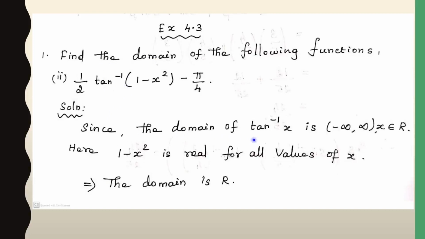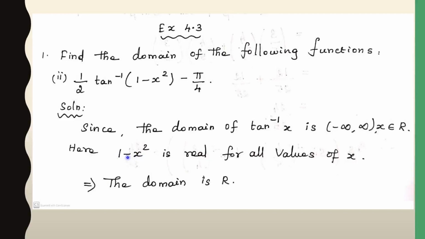Since the domain of tan inverse of x is minus infinity to infinity, for all x belonging to R. If x were there, we would know its domain. But here, instead of x, we have 1 minus x square. If we substitute a number for x, for example 1, we get 0. If we substitute a number greater than 1 or a negative number, since it is squared, the number becomes positive, and then we always get a negative value.